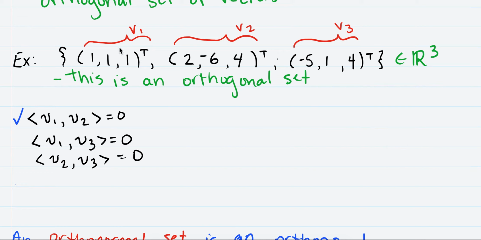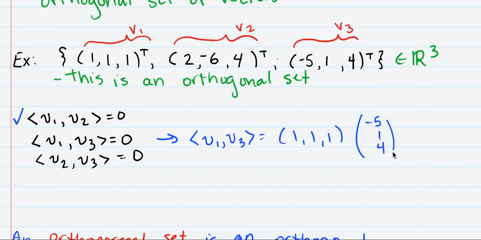Let's try the second one. The inner product of V1 with V3 is 1, 1, 1 with negative 5, 1, 4, which is negative 5 plus 1 plus 4, just taking the dot product, and this is negative 5 plus 5, which is 0, so that works.